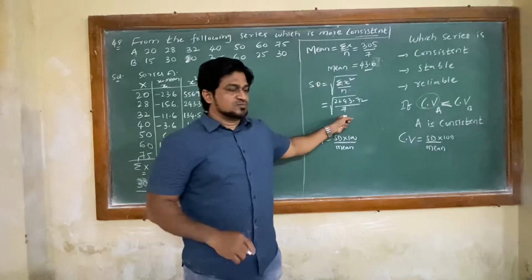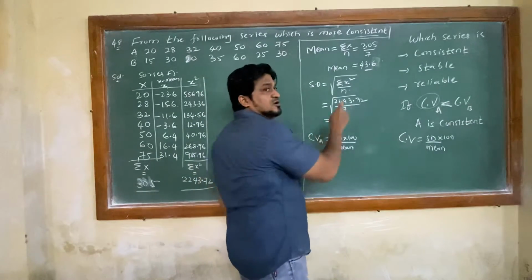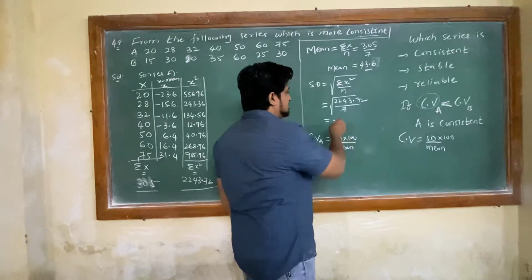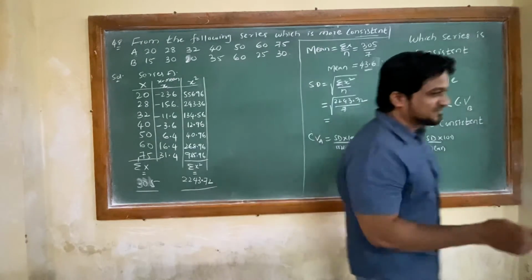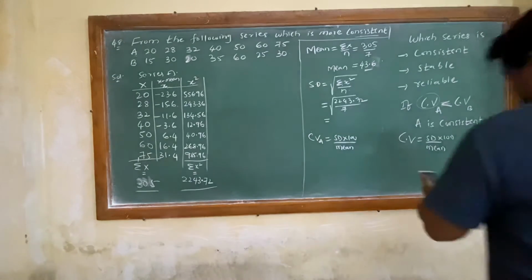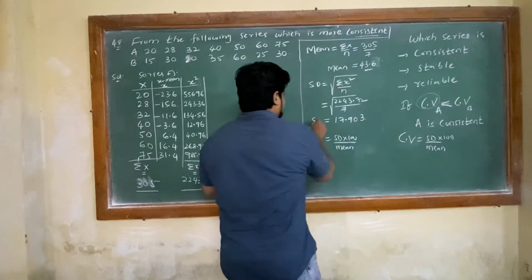Find square root now. How much? 17.903. This is standard deviation.